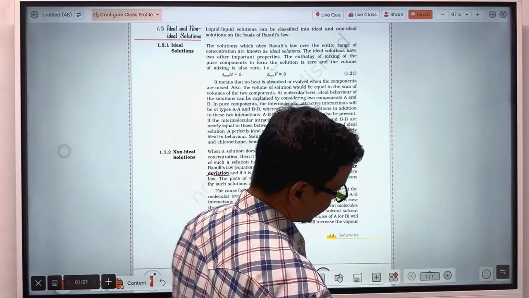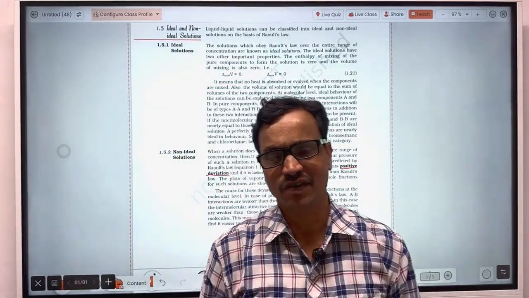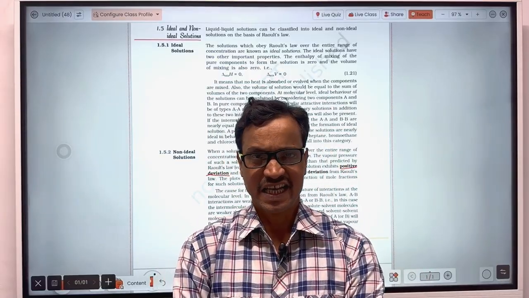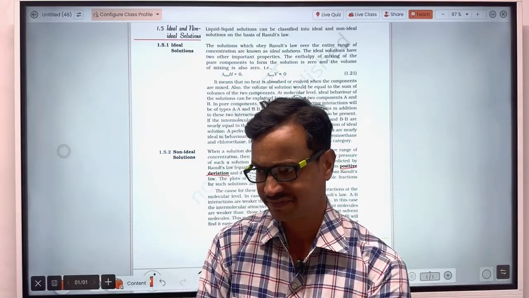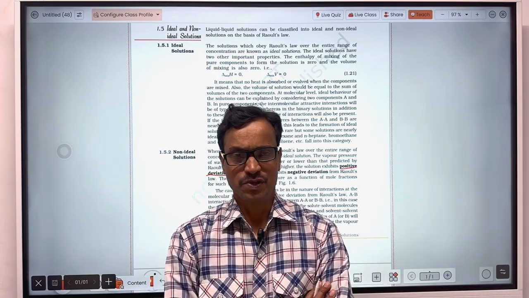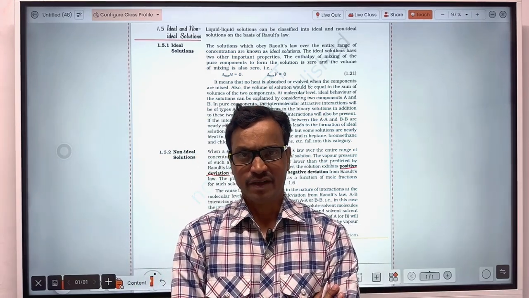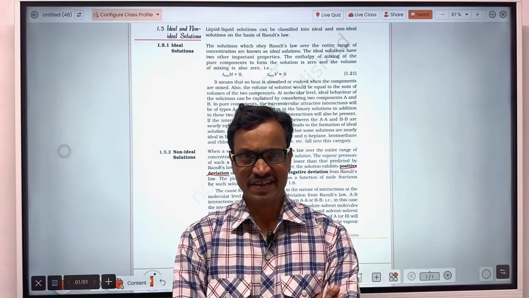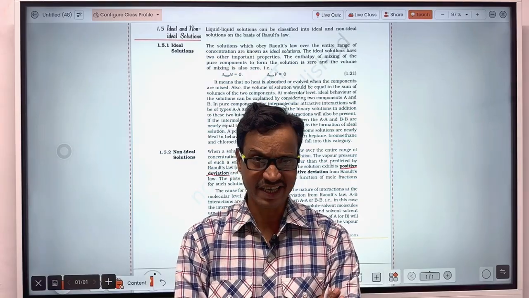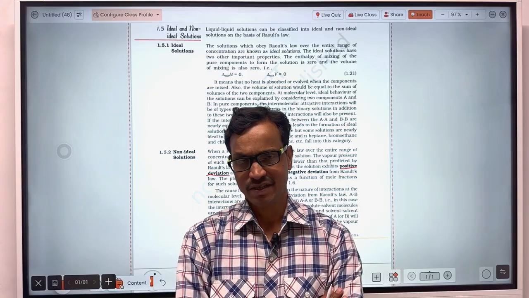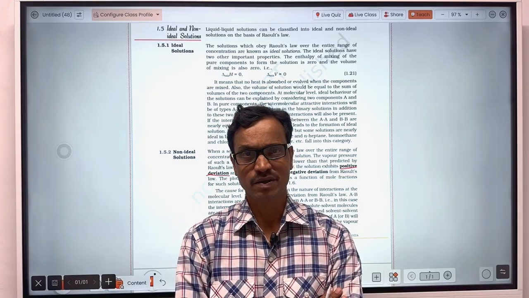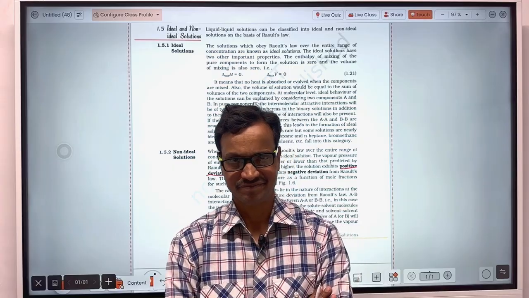Positive deviation means the vapor pressure of the liquid solution becomes greater than expected from Raoult's law. When the vapor pressure of the solution is greater than expected from Raoult's law, the solution is said to be a non-ideal solution showing positive deviation.